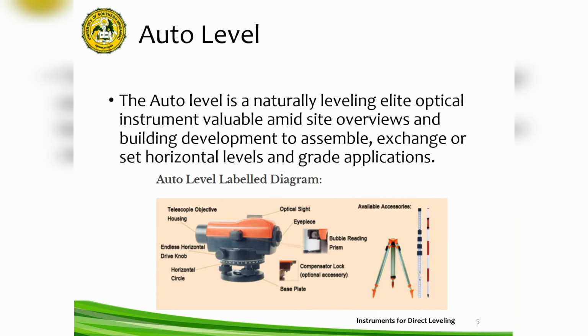The auto level is a self-leveling optical instrument used at site surveys and building construction to gather, transfer, or set horizontal levels and grade applications. I have also provided the auto level label diagram below.